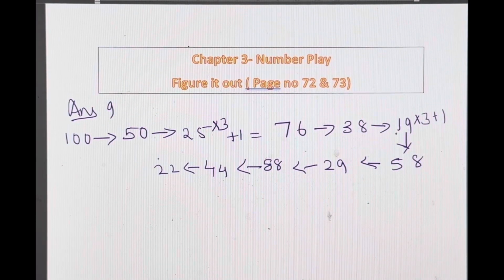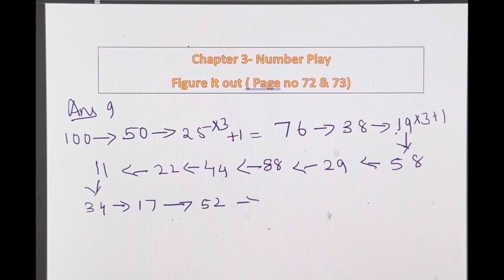Half it, you get 22. 22 is also even. You half it, you get 11. Okay. Now 11 is odd. So multiply by 3 plus 1, 11 threes are 33 plus 1 is 34. 34 is even, half it, so you get 17. 17 is odd. So 17 threes are 51 plus 1 is 52.